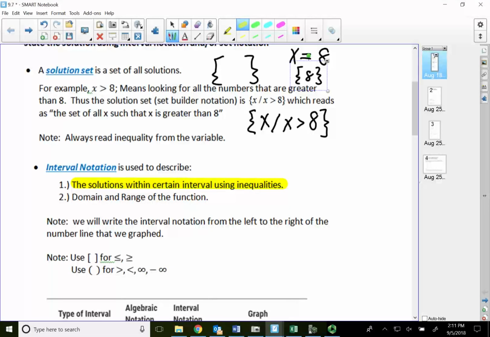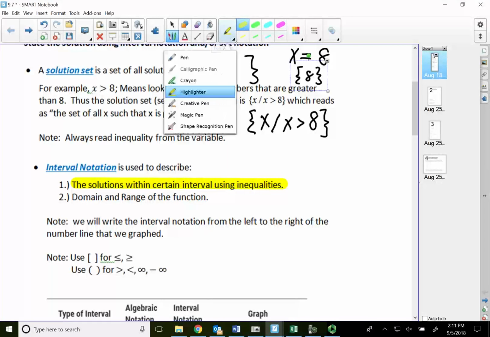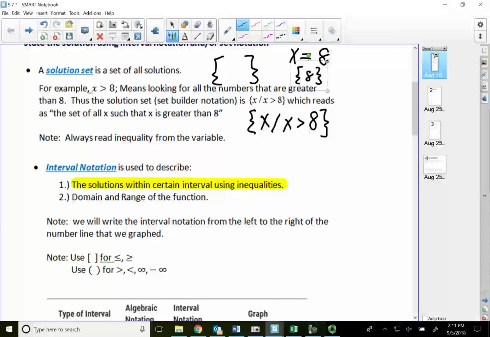My note up here says always read the inequality from where the variable is. The list of inequalities really depends on which side you're reading from.